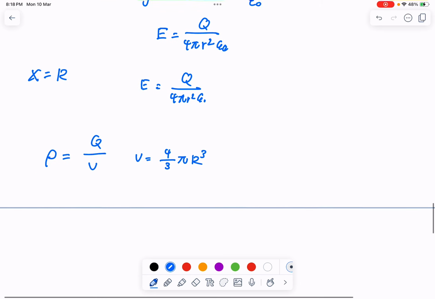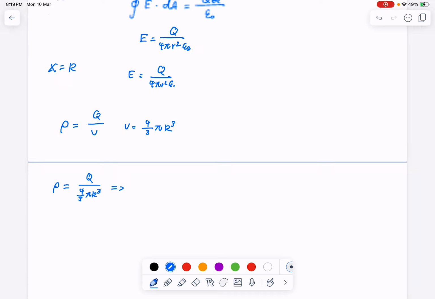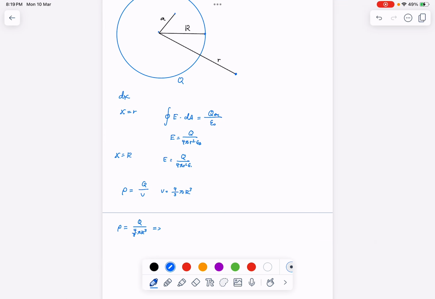So rho equals Q over 4 over 3 pi r cubed. So this ratio must be maintained anywhere throughout the sphere, which means that within, at A, it must also maintain the same ratio.